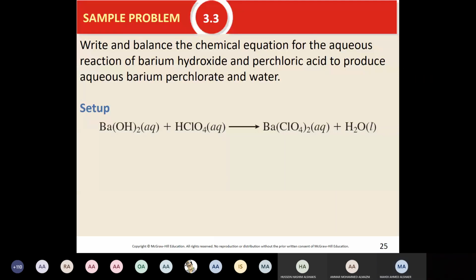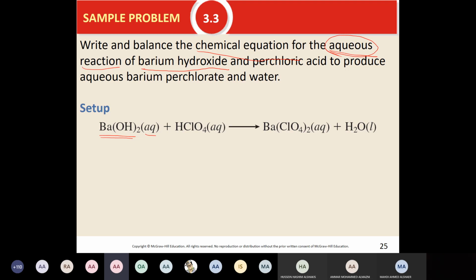Okay, let's very quickly see. Let's read the question. I'm not going to give you this in an exam. I will tell you: write a balanced equation for the aqueous reaction of barium hydroxide. I will give you the name like this, and you should know that barium hydroxide is actually this compound. And then I say aqueous. What do you mean by aqueous?